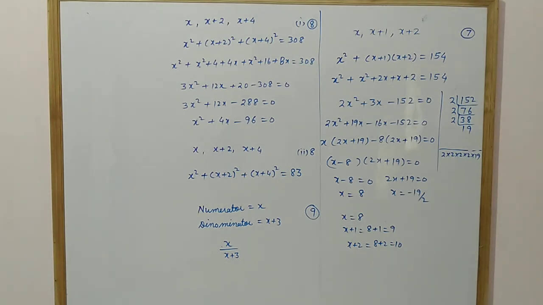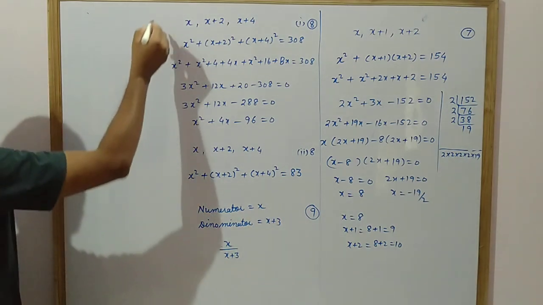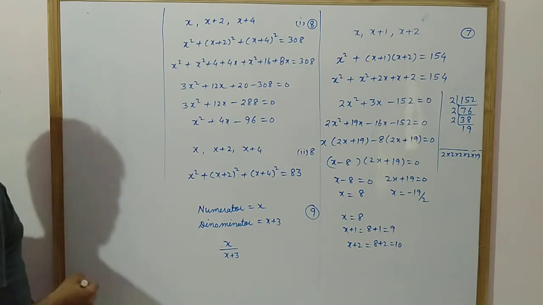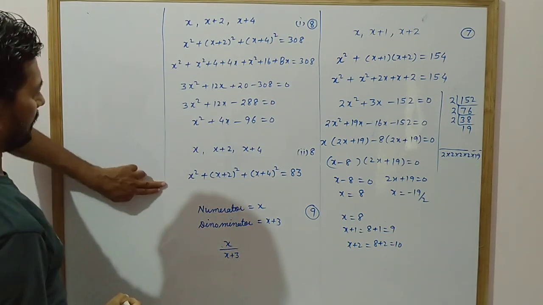Now it is given that if 1 is subtracted from both the numerator and the denominator, the fraction is decreased by 1 by 14.